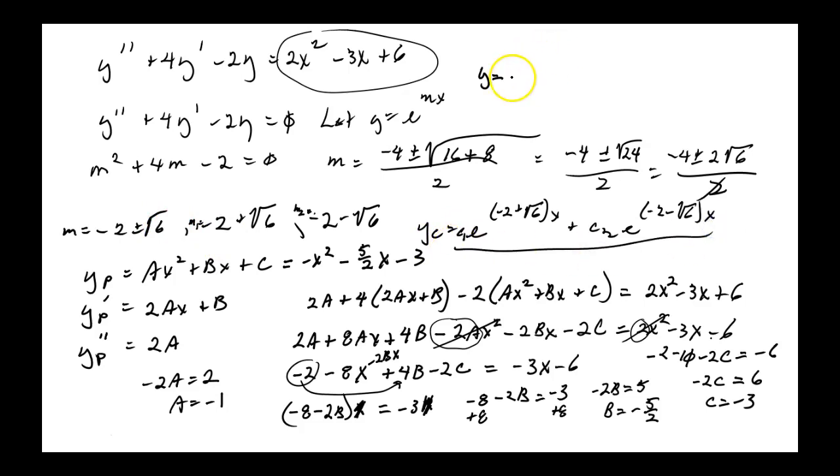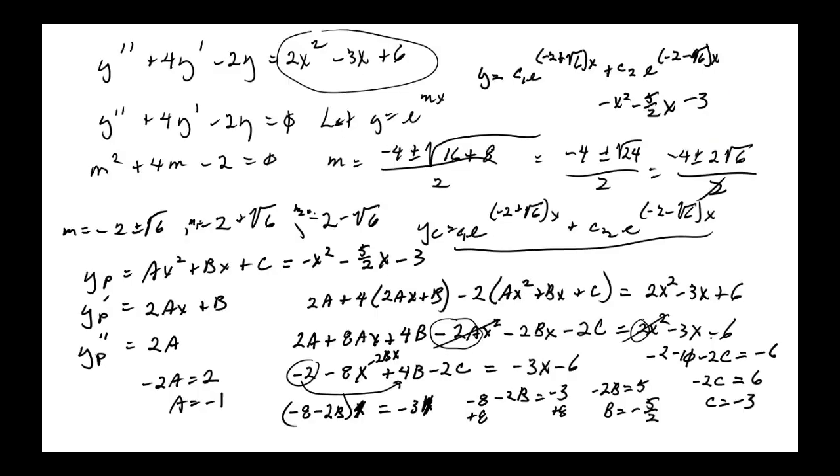So that would be c1 e to the minus 2 plus root 6 x, plus c2 e to the minus 2 minus root 6 x, minus x squared minus 5 halves x minus 3. There's your solution, if you'll ever get to see it, because that's your particular solution.